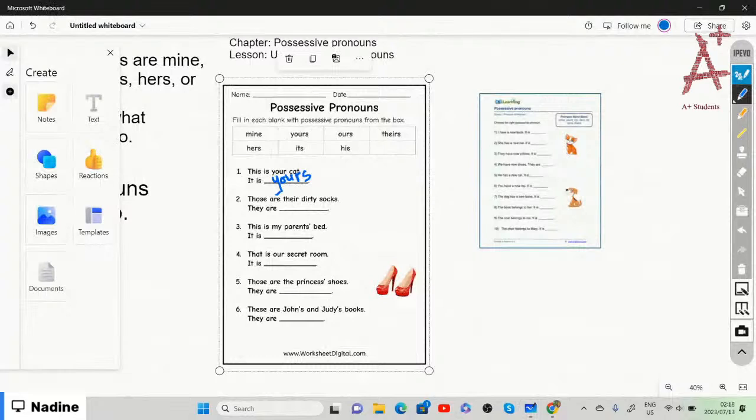Those are their dirty socks. So we can just say they are... Is it mine, hers, its, his, ours, or theirs? Those are their dirty socks, which means we can choose they are theirs, belongs to them, it's theirs.